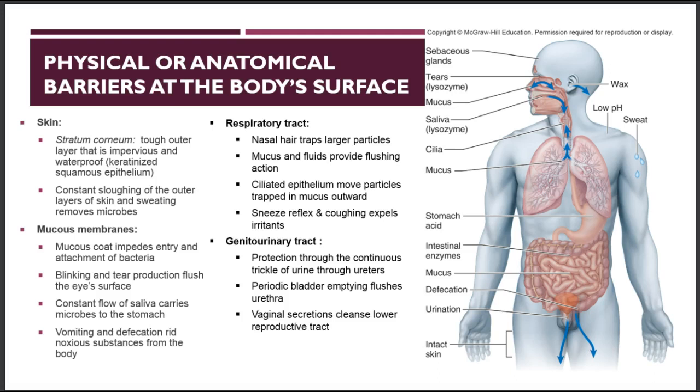The constant sloughing or shedding of skin cells also helps to remove microbes, because any microbes that are attached to those cells are also removed when that skin sloughs off. Sweat is also antimicrobial, so the release of sweat from the pores helps to clear the pores of any microorganisms.